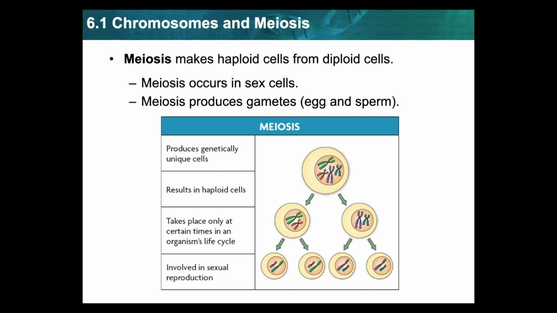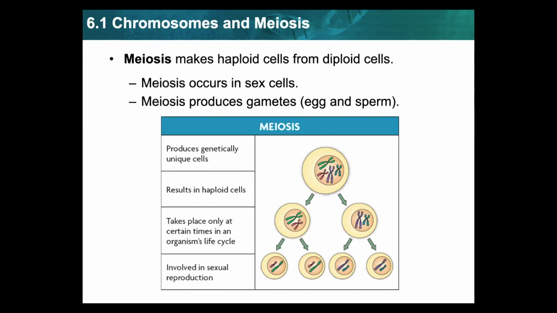The ending cells each have how many chromosomes? 2, right? Each. So these now have 2. This had 4. These now have 2. And so the haploid number of the cells is 2. The original cell, the diploid number is 4. So the number of chromosomes is halved in meiosis.